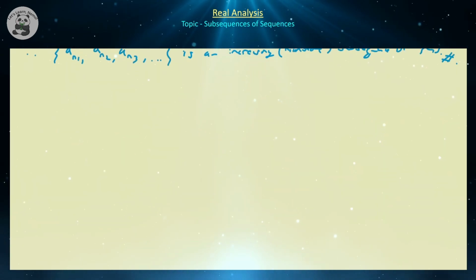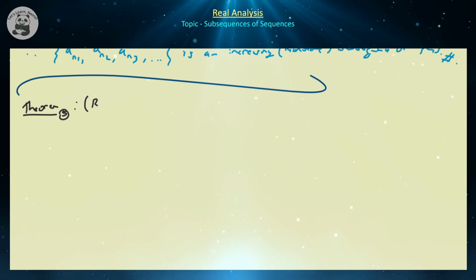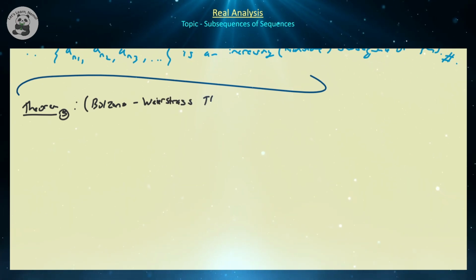And that's actually pretty good, and we've already done a numerical example to illustrate that. But there's another theorem that is a bit more broad, but practically equivalent to the monotone subsequence theorem, and it has a special name. It's called the Bolzano-Weierstrass theorem, the BW theorem.